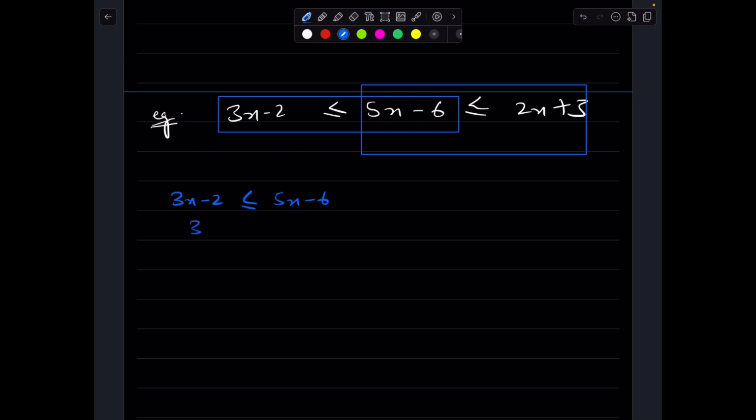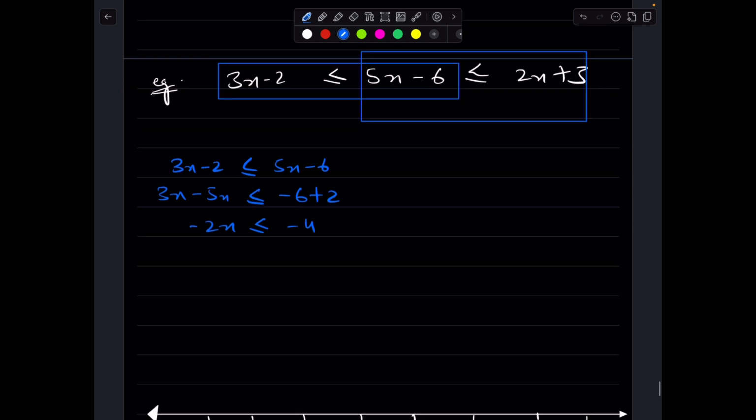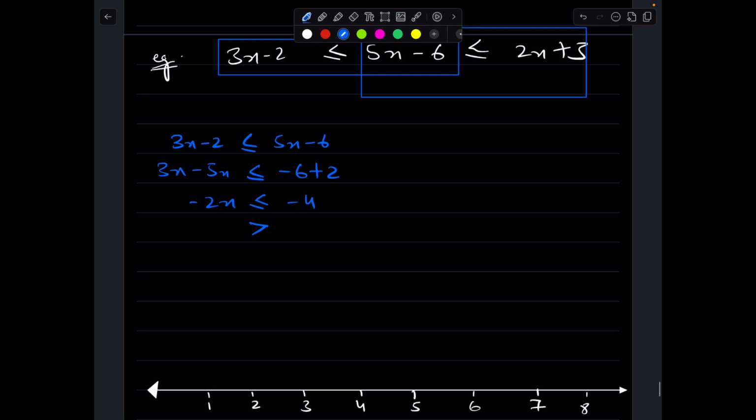So we have 3x minus 5x is less than equals to minus 6 plus 2. We have minus 2x is less than equals to minus 4, and we have a negative sign with the variable, so irrespective of the sign on the other side of the inequality, the sign of the inequality will change. Thus we have x is greater than equals to 2.